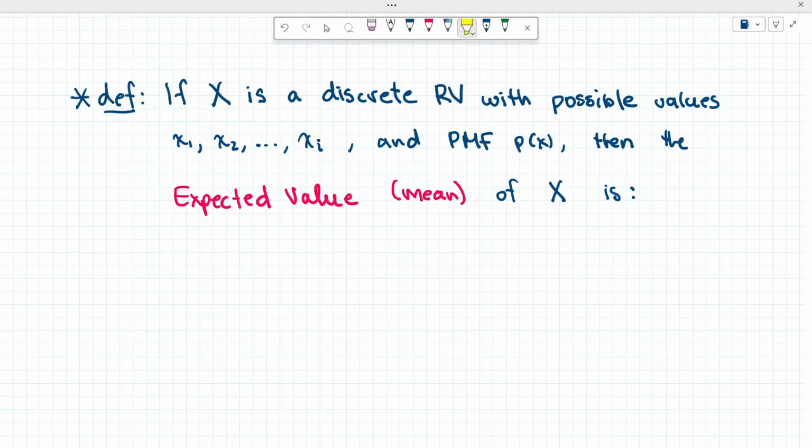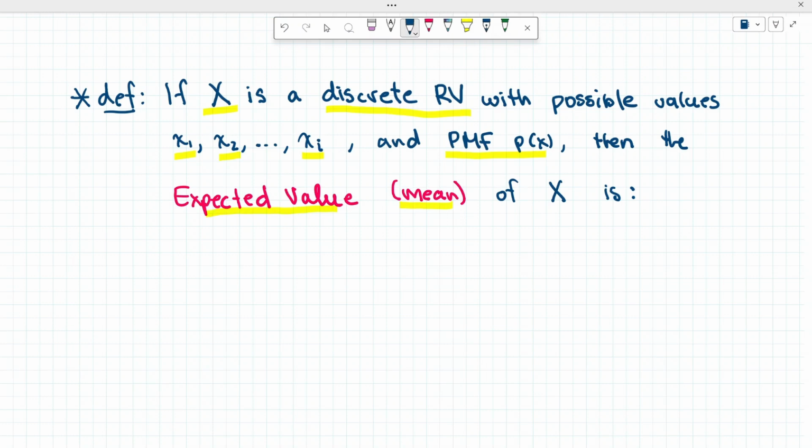In particular, if x is a discrete random variable with all possible values x1, x2, all the way to xi, and a PMF, which is a probability mass function, p of x, then the expected value, which is also known as the mean of x, is written in the following way.